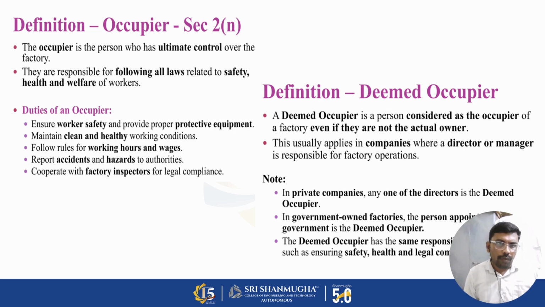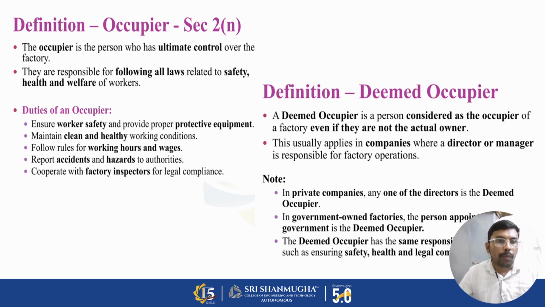So what is the duty of the occupier? The main duty is to ensure the workers' safety. Safety is the first concern, and they must also provide proper protective equipment.